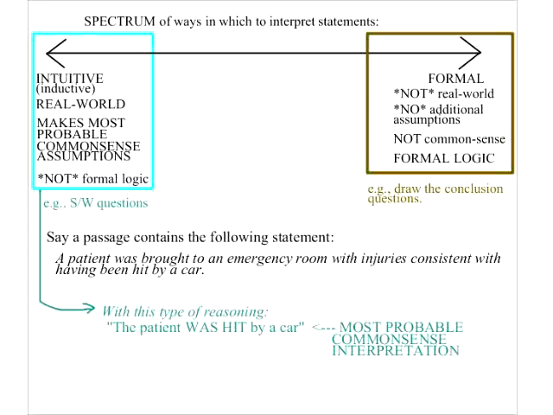If you're thinking only in terms of formal logic, then you can be like, okay, I don't know if they were hit by a car or not. But that's the point. The test is trying to filter out people who only think in terms of formal logic, because, frankly, people who think only in terms of formal logic are not good at management.